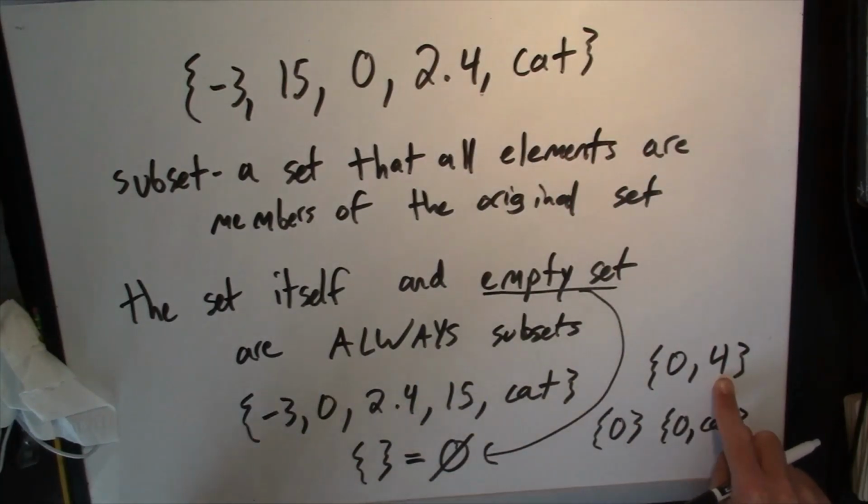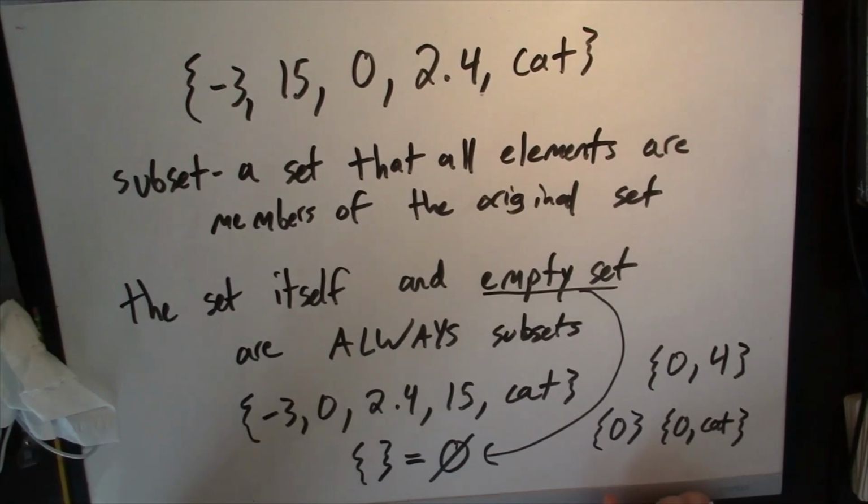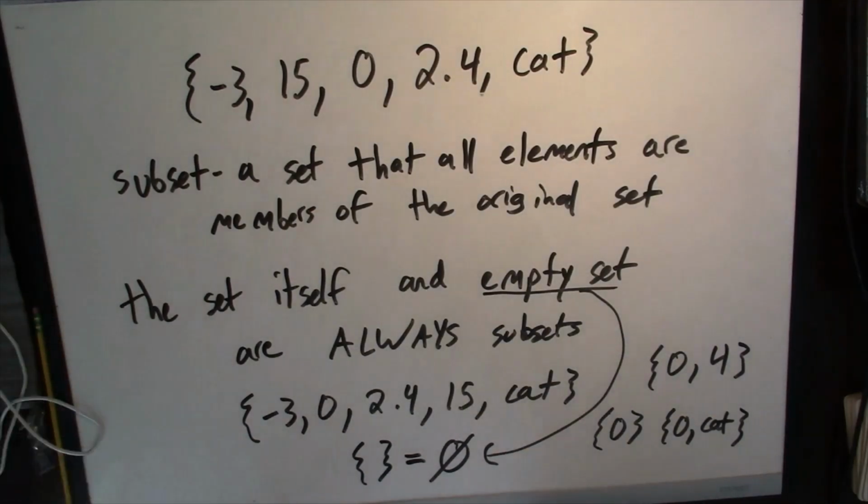In the quiz, there was a question, and one of the options had an element of 6, but there was no 6 in the original set. So that would not have been a subset. Alright, so if you want to take a screenshot, this is your time to take a screenshot. Then we're going to move to the next thing. This was just a review of subset since that was the most missed question on the quiz.